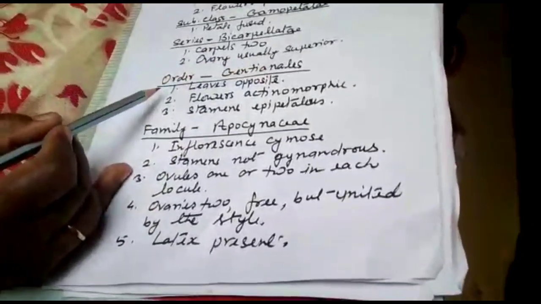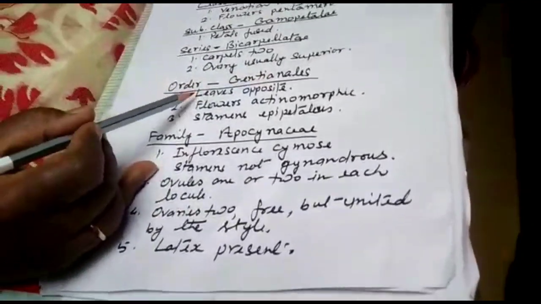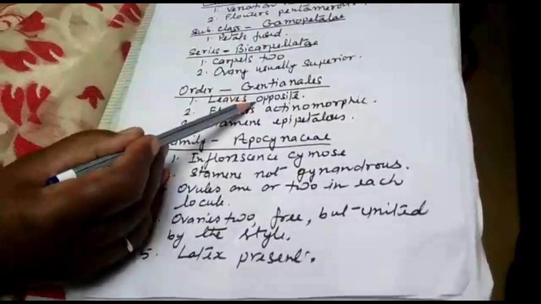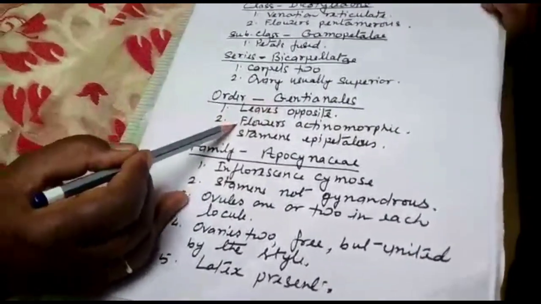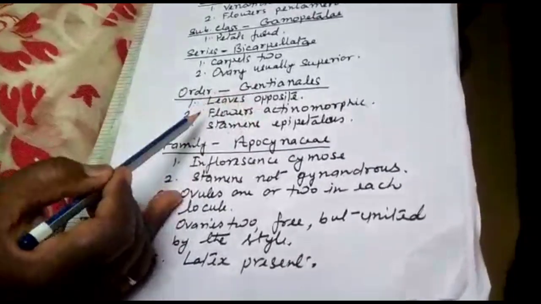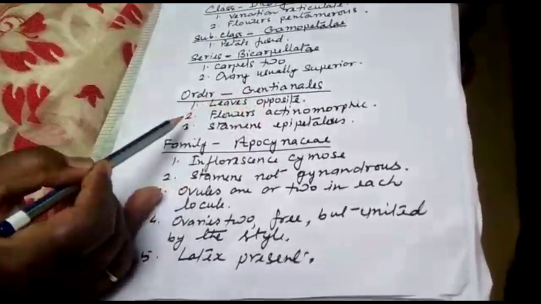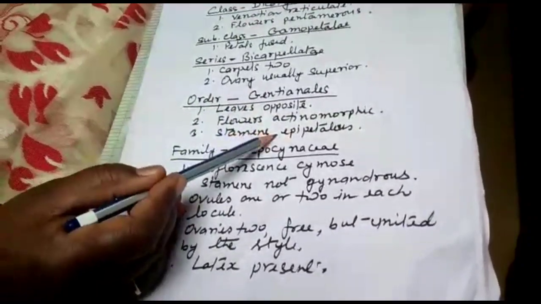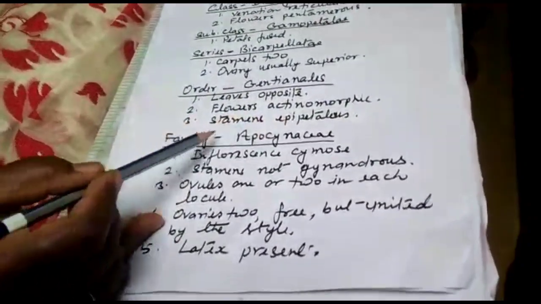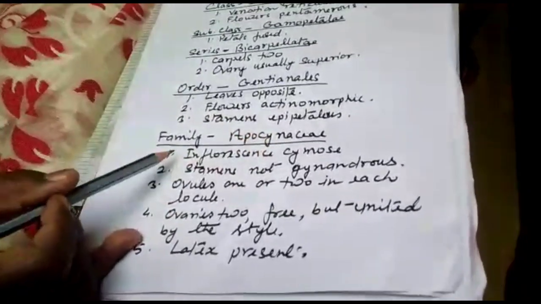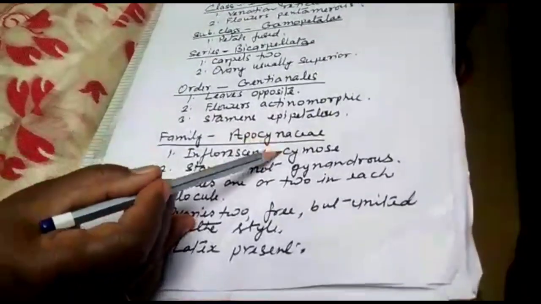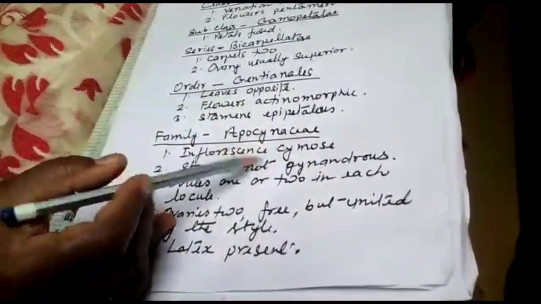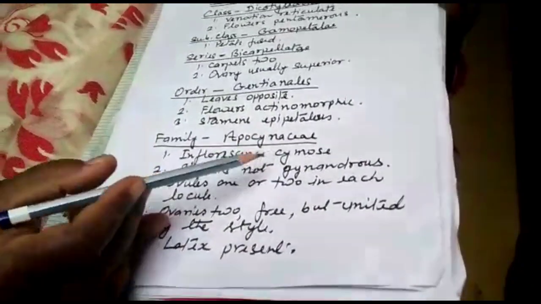Then the order is Gentianales. First, leaves opposite. Generally, in this family, leaves are opposite. Then flowers actinomorphic. Then stamens epipetalous. That means stamens are attached with the petals. Then family Apocynaceae. Inflorescence cymose. In the family Apocynaceae, we see that inflorescence is cymose.